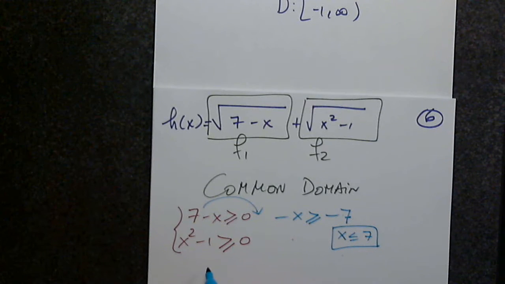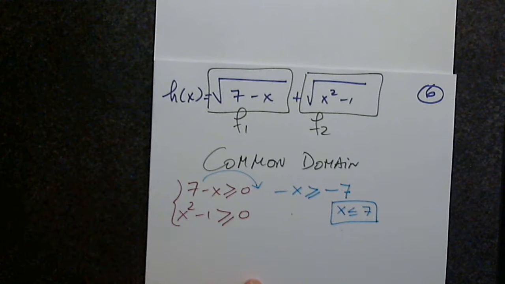What about this one? And before you answer, let me write a note. We cannot take square roots from both sides of an inequality, unless in a very, very specific situation or circumstances, okay?